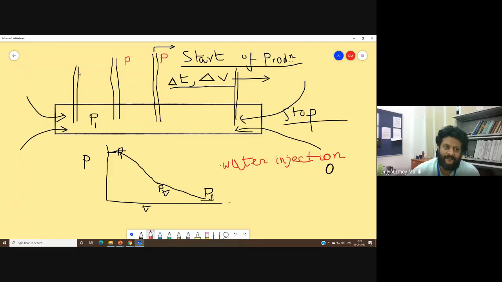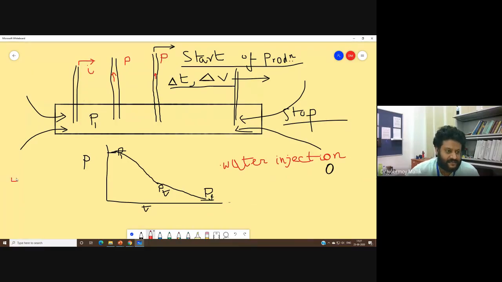Now what I have done is that I have converted this. Producer well means the flow of the fluid is from the reservoir towards the outside, right? So this is how it is. This was perhaps also a producer well. Now I have converted this well to an injector well.